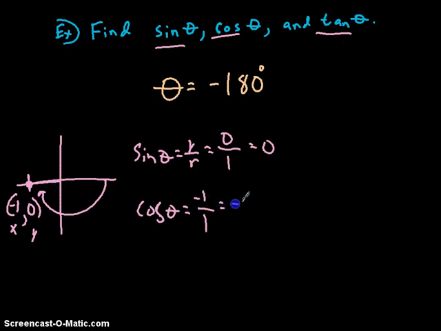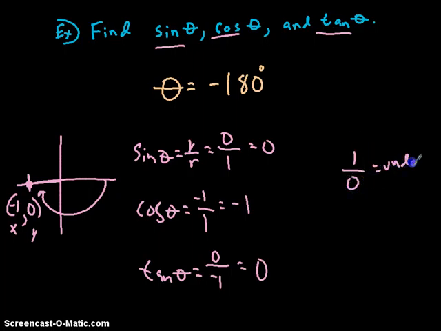And then tangent theta would be 0 over negative 1, so it's also 0. So sine is 0, cosine is negative 1, tangent is 0. Sometimes you may get things like 1 over 0. Well, if you ever get that, just know this is undefined. So if you ever get one that has a 0 in the bottom, it's undefined. And that's it.